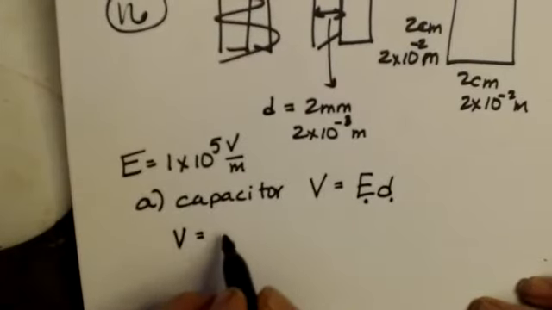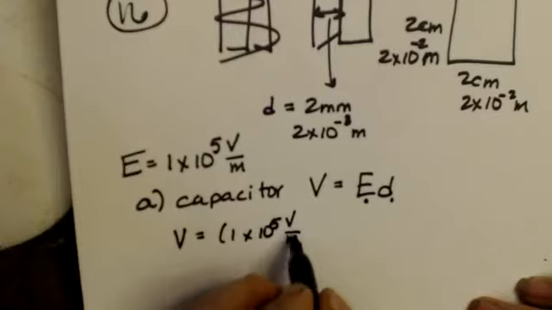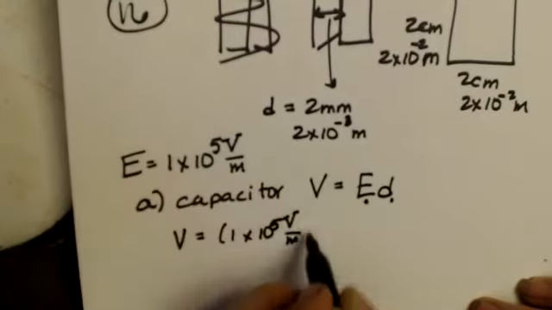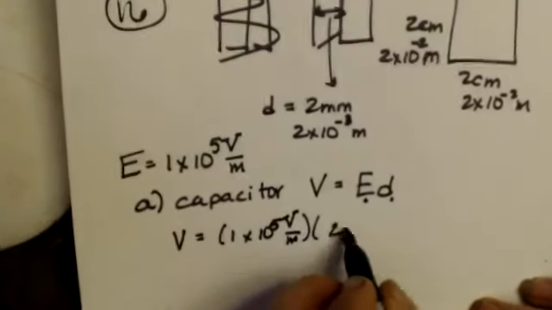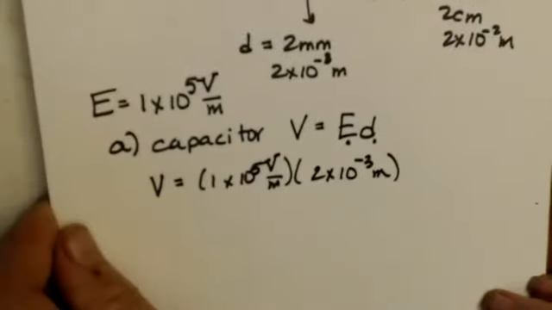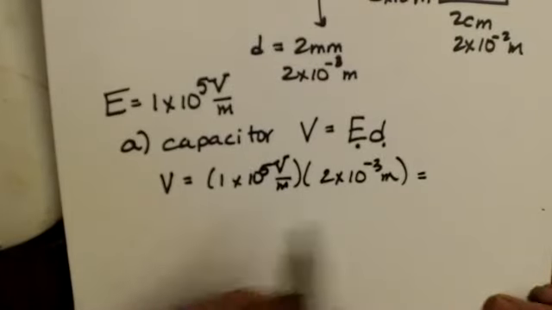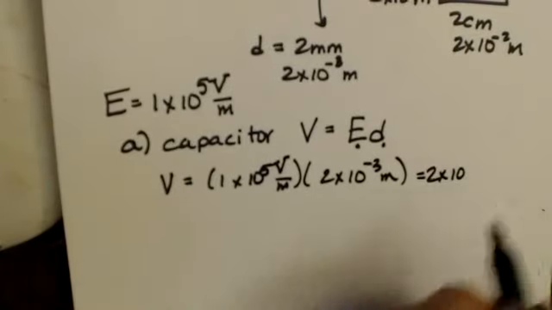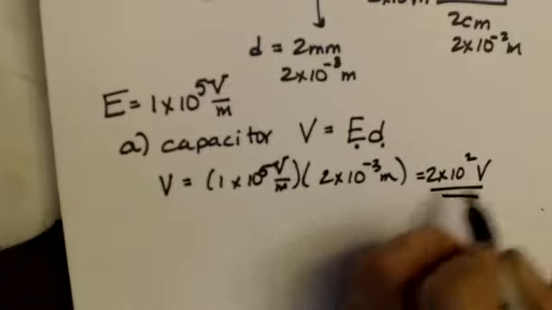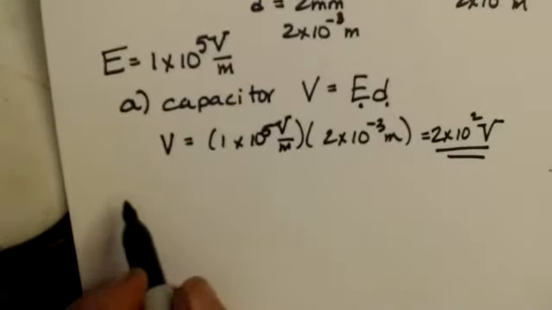V is equal to 1 times 10 to the 5th volts per meter, times the spacing, which is 2 times 10 to the negative 3 meters. I multiply those two together and I get my voltage. That's 2 times 10 to the 2 volts. So 200 volts.